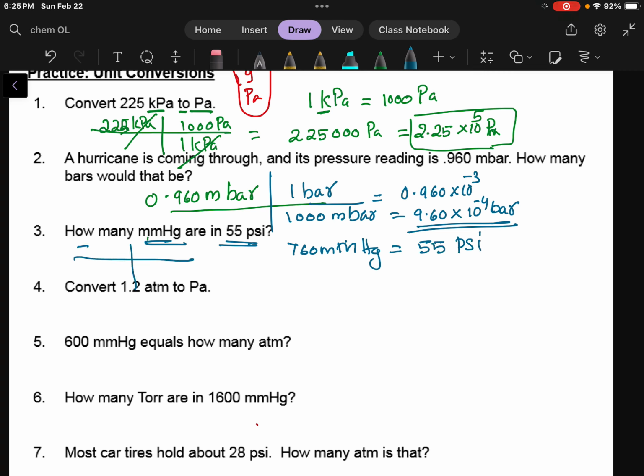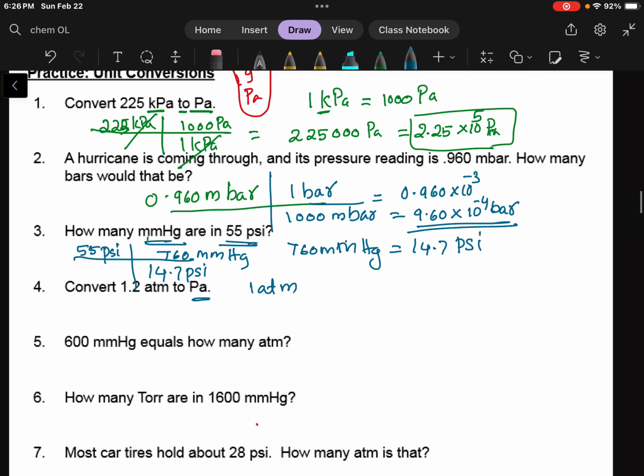So start the T chart with 55 psi, then write 14.7 psi is equal to 760 millimeter of mercury, then solve that.